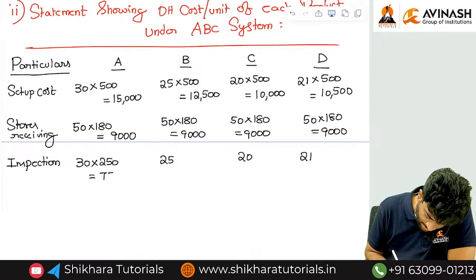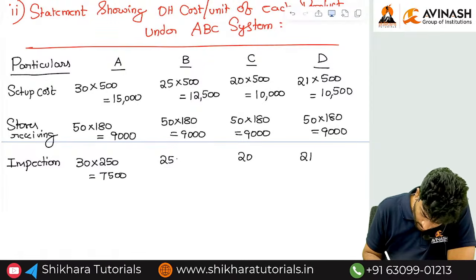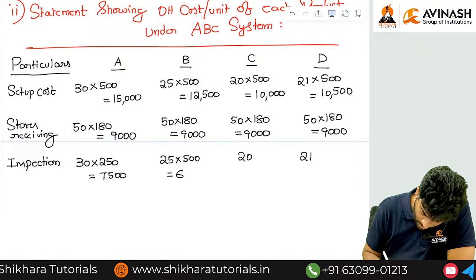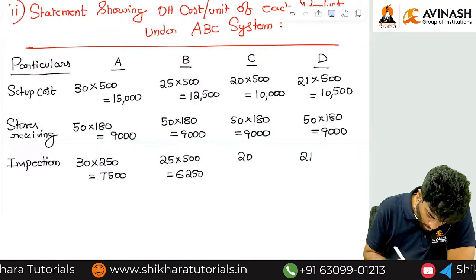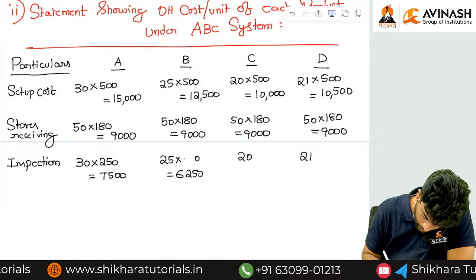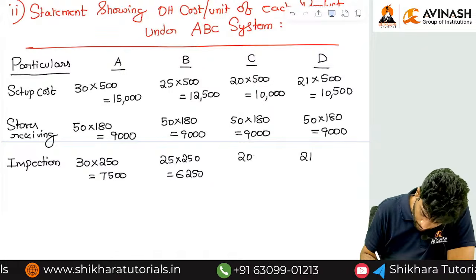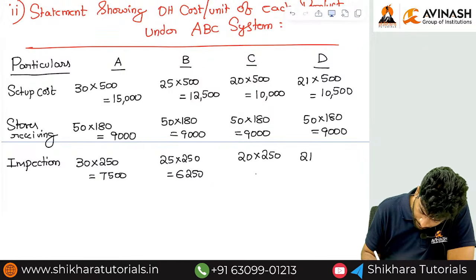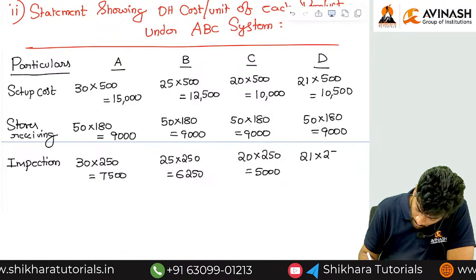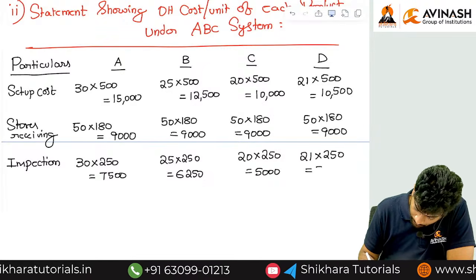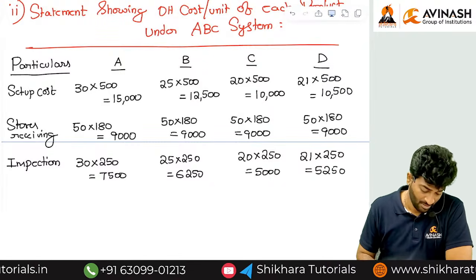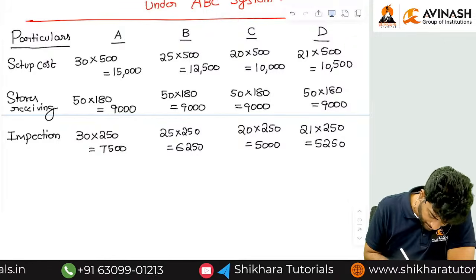So can I say 7,500 here? 1,250, 1,250 if I'm not wrong. 5,000, 5,250. After inspection, next one, sir.